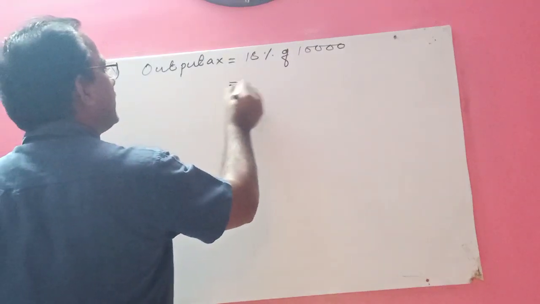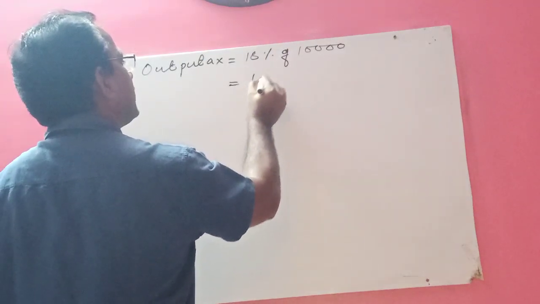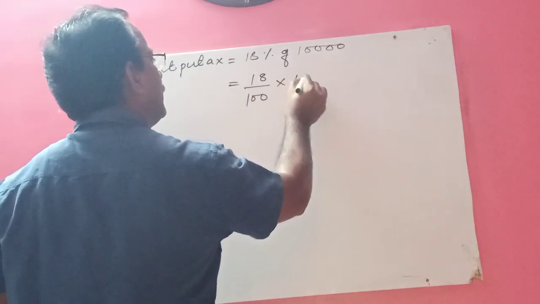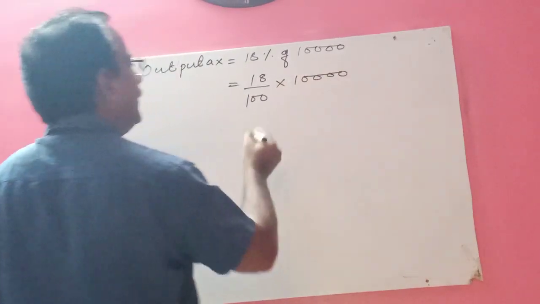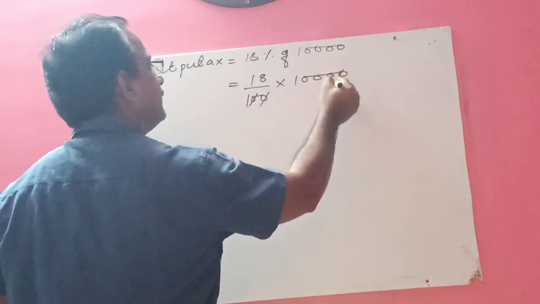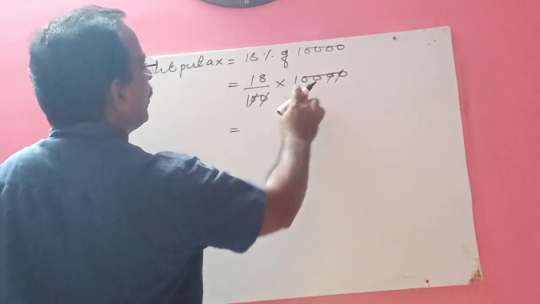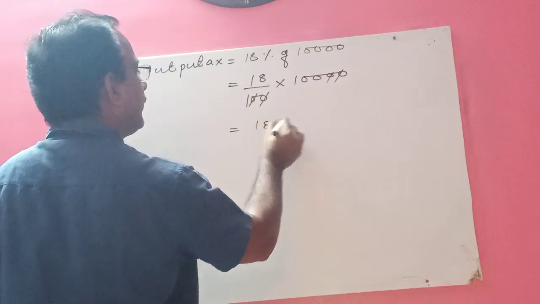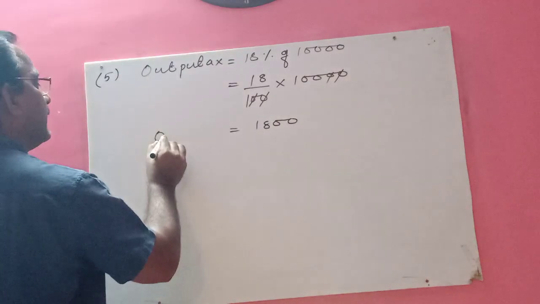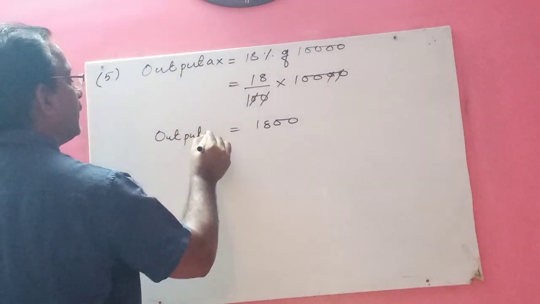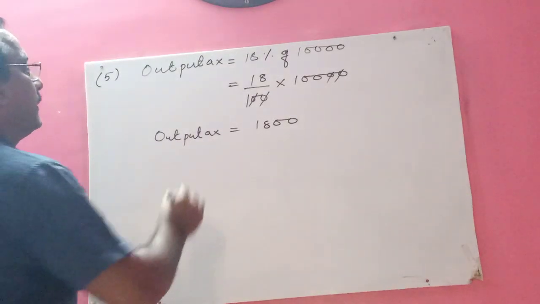So 18% of this, it means 18 upon 100 into 10,000. So these two get cancelled. Okay. How much you will get here? 18 into 100 is 1800. This is the output tax collected from the customer by the shopkeeper.